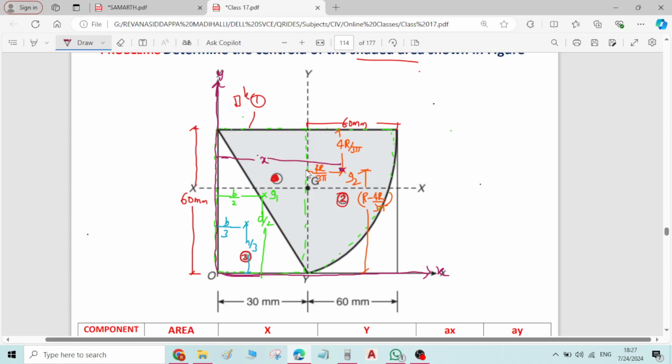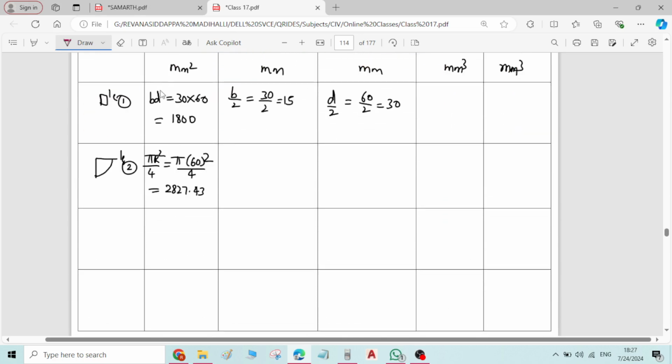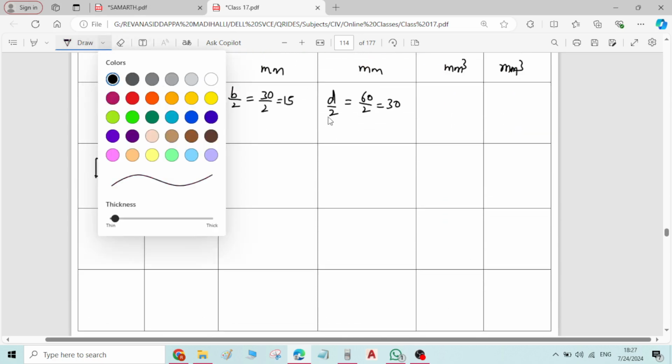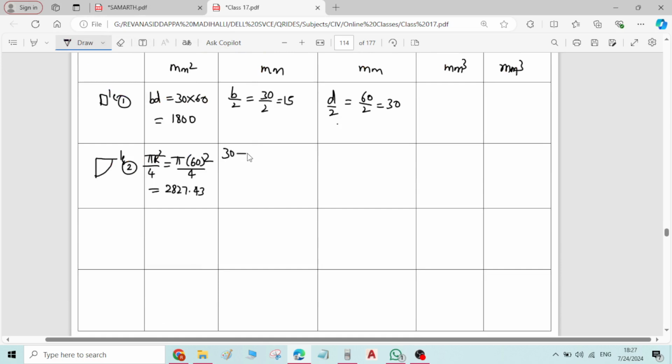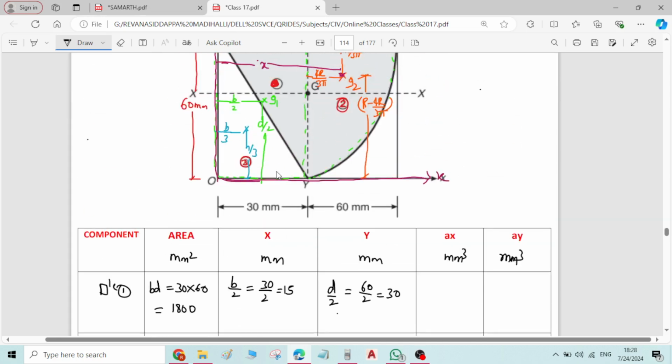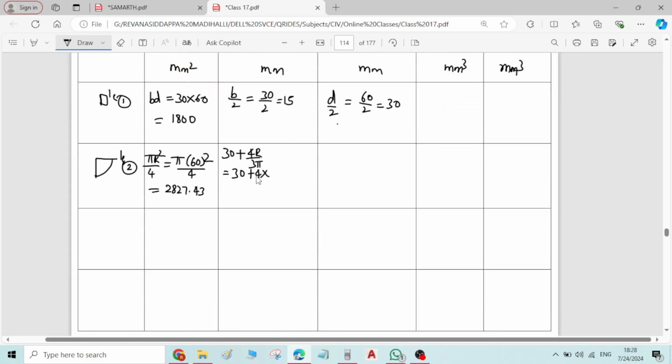So from this line it is 4r by 3 pi. From the y axis it is 30 plus 4r by 3 pi. So let me write the same formula here: 30 plus 4r by 3 pi. Therefore, 30 plus 4 into the radius 60 mm divided by 3 pi.